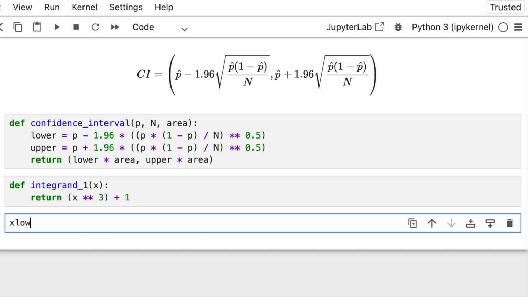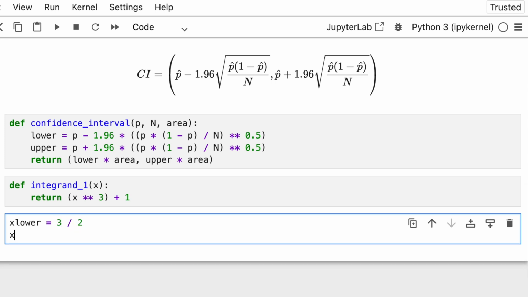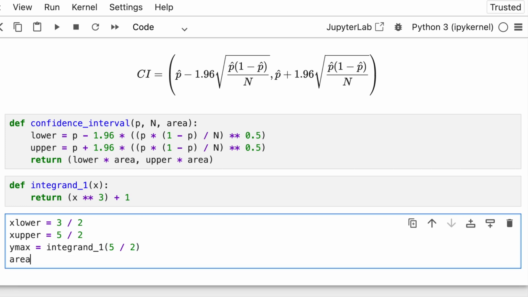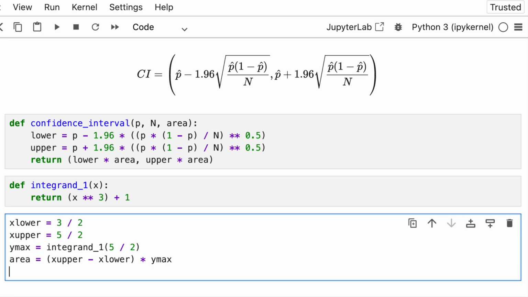So x lower will be equal to 3 over 2, our x upper will be equal to 5 over 2, and our y max will be equal to the value of this integrand at 5 over 2. Therefore, the sample area is going to be x upper minus x lower times y max. We will also have to decide how many points we want to sample.